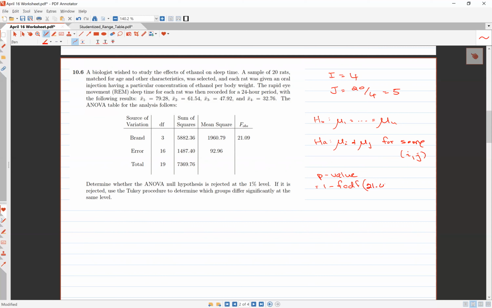We know our F observed value is 21.09, and we have 3 and 16 degrees of freedom, right? We just get those from the table. And the lower bound here, of course, was 0. So this is another instance where if you calculate this p-value, it is essentially 0. So our p-value here is less than our alpha level of 1%, and so we reject the null hypothesis. So we find evidence of a difference.